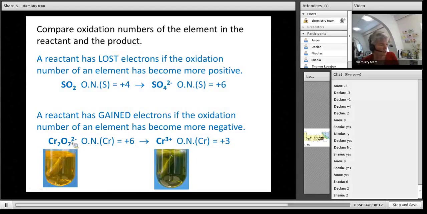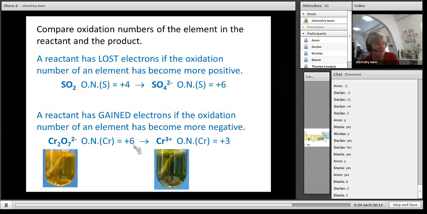Whereas dichromate, if we worked out its oxidation number for chromium, oxygen, of course, will be -2 because it's in a compound. So for chromium, it's +6 if you worked it out. But rule number 4, in the chromium 3+ ion, it's +3. So it's become less positive. And if it's less positive, the species has gained electrons.